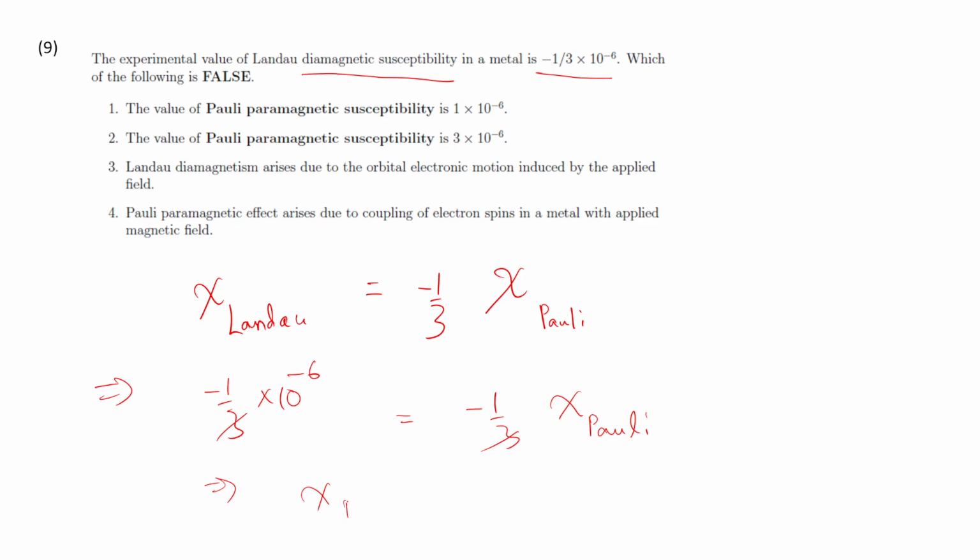So the Pauli susceptibility is 10 to the power minus 6. It is asking which value is false. The value of Pauli paramagnetic susceptibility being 10 to the power minus 6 is true, and here the value of paramagnetic susceptibility 3 into 10 to the power minus 6 is wrong.